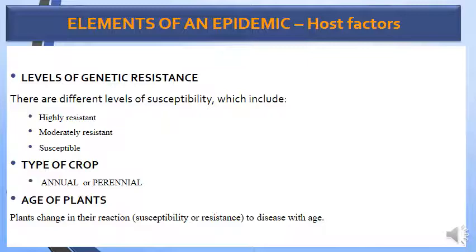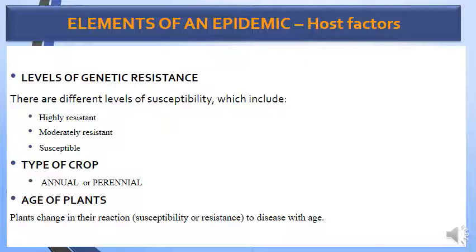But other host plants, known as susceptible, lack resistance genes against the pathogen and provide the ideal substrate for establishment and development of new infection. And therefore, in the presence of a susceptible host, a virulent pathogen and a favorable environment, conditions favor the development of a disease epidemic.